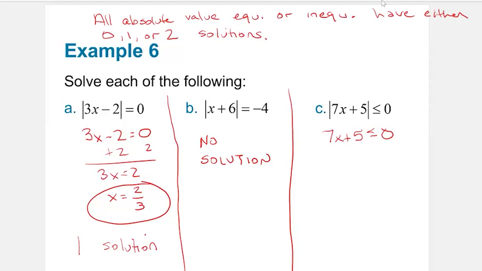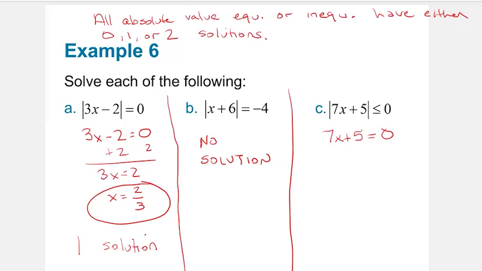Of course not, because anything less than 0 is negative, and the absolute value cannot be negative. For this one right here, I can only use the one where it equals 0, because the less than has to be gone, right? Because that would be a negative number, and the absolute value cannot be a negative number.